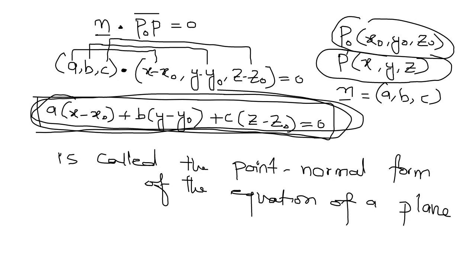This is very important when you want to find the point normal form of the plane. Now I will give you an example: if the point is given and the vector is given, how can you find the point normal equation of the plane.